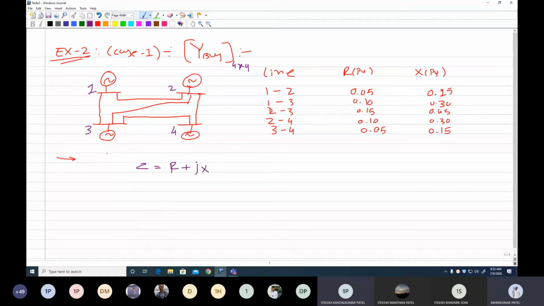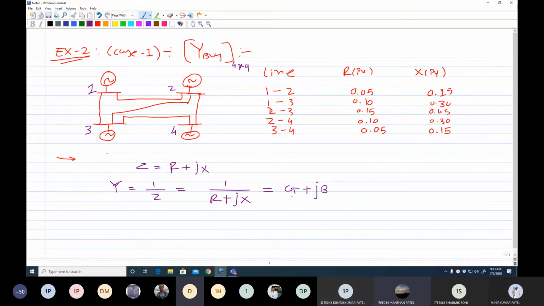And what you have to calculate? Admittance, that means Y, so it is 1 by Z, or 1 divided by R plus JX, or G plus JB. What is G and B? Conductance and susceptance.